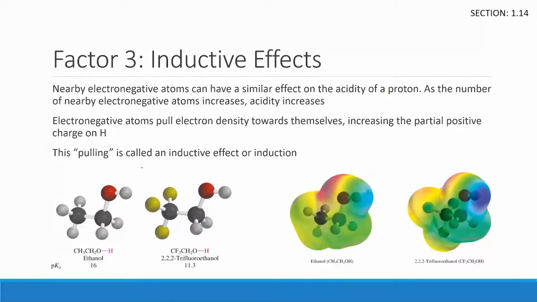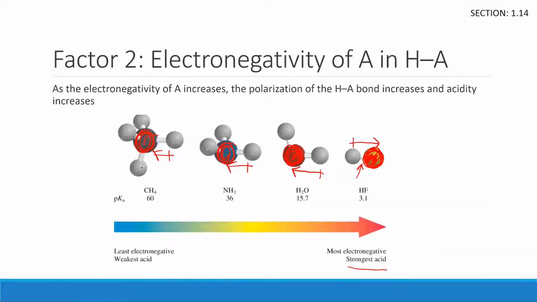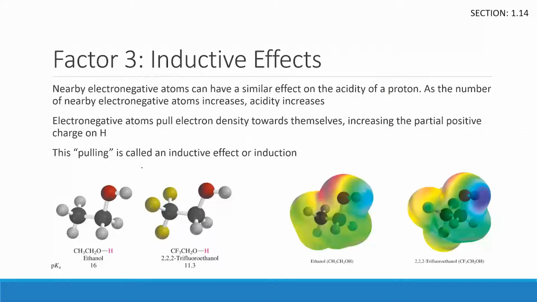So we know that if you have an electronegative atom directly attached to that proton, it will increase the strength of the acid. But also if you have electronegative atoms near it that are still pulling away electron density, that will still also increase the acidity.